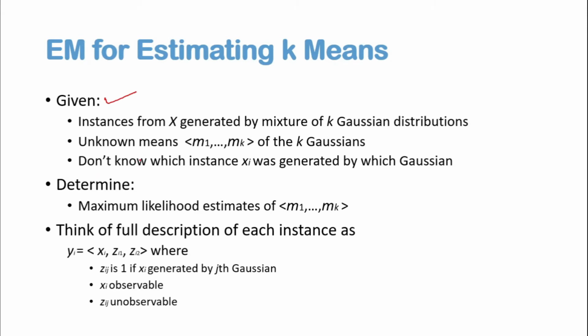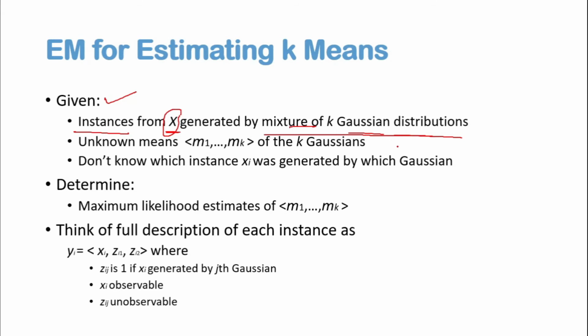The given thing here is instances from X generated by a mixture of k Gaussian distributions, correct? X is a data sample. For example, take it as an image, and the image has multiple objects. Instances from X are generated by a mixture of k Gaussian distributions, because there will be multiple objects. That's why we have a mixture of Gaussian distributions, and unknown means m1 to mk of the k Gaussians.